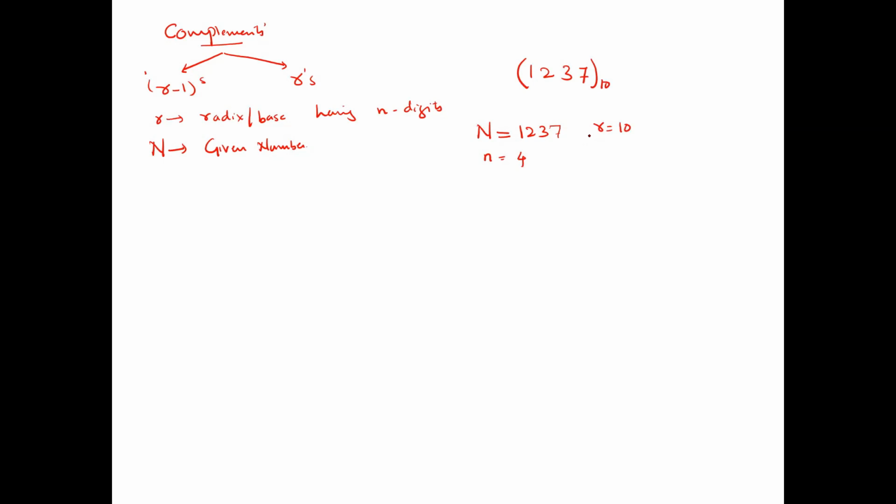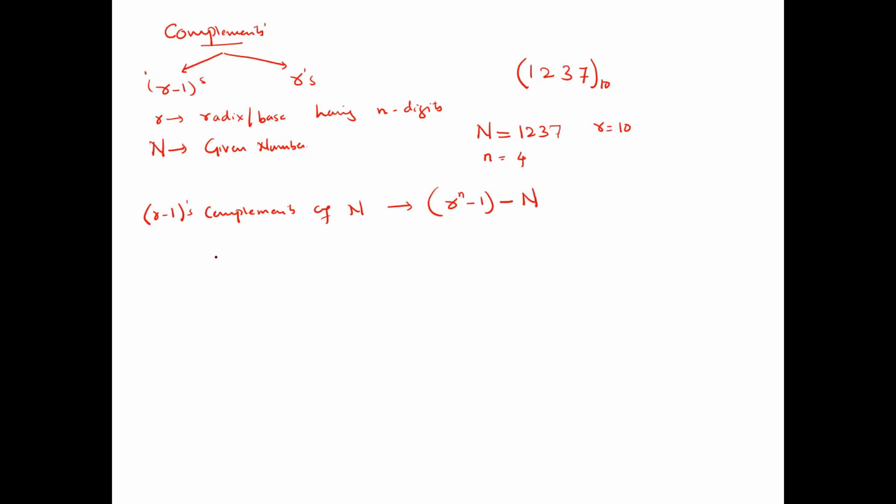Now, how do you find the complement of a number? R minus 1's complement says that if you want to find the R minus 1's complement of any given number N, then it is defined as r raised to n, minus 1, minus N, right?